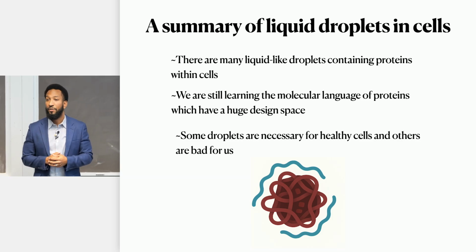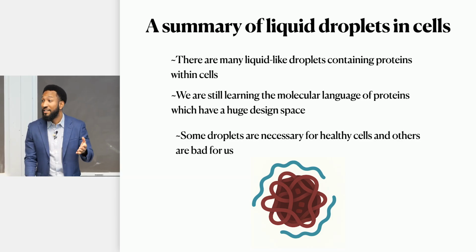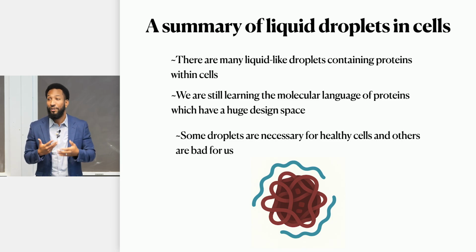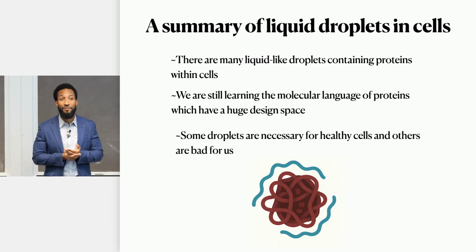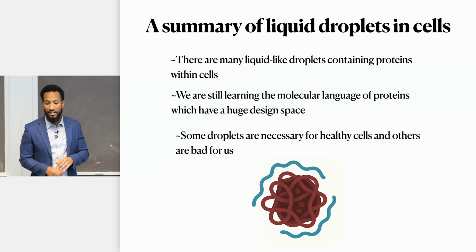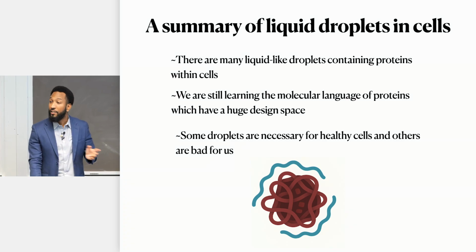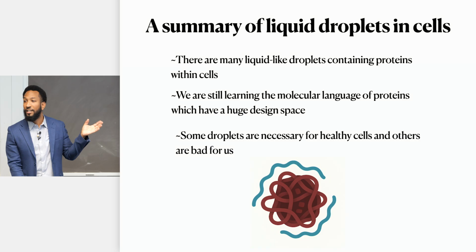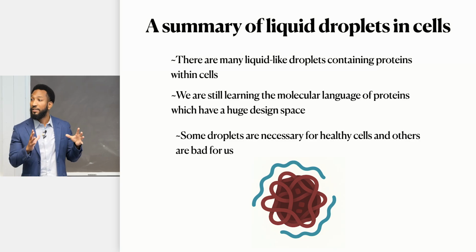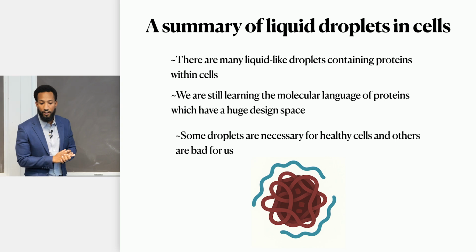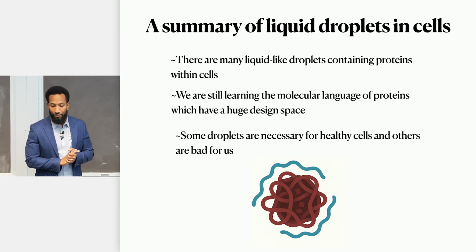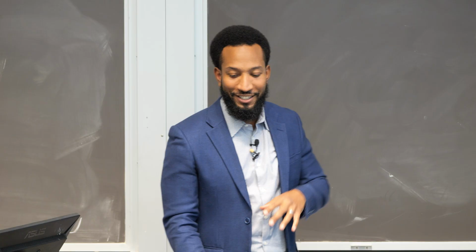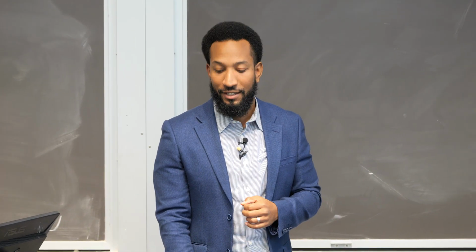I haven't told you one that's necessary in human cells, but there's many. I showed you a diagram of many droplets in cells. Many of them we need. If you didn't have them, they need to be there for us. And there's others that are bad for us. So I just mentioned the TDP43 droplet that forms within neuron cells that is related to ALS. So hopefully you enjoyed this, the physics of these droplets within cells, and this is the end of my talk.